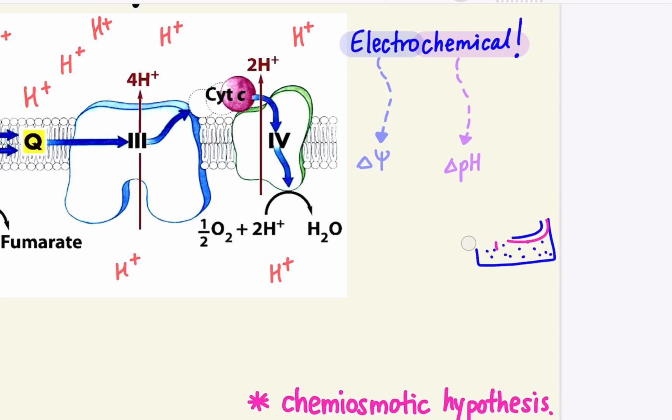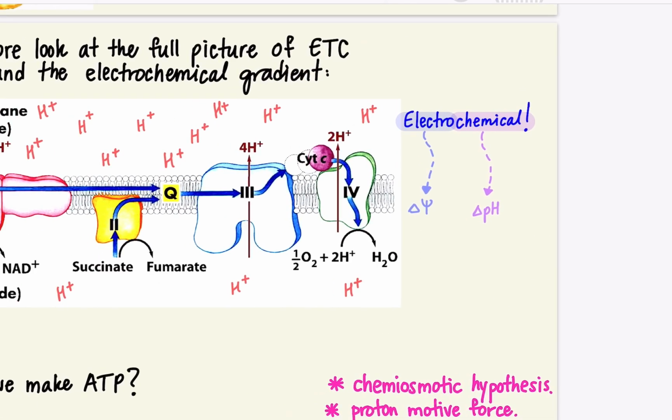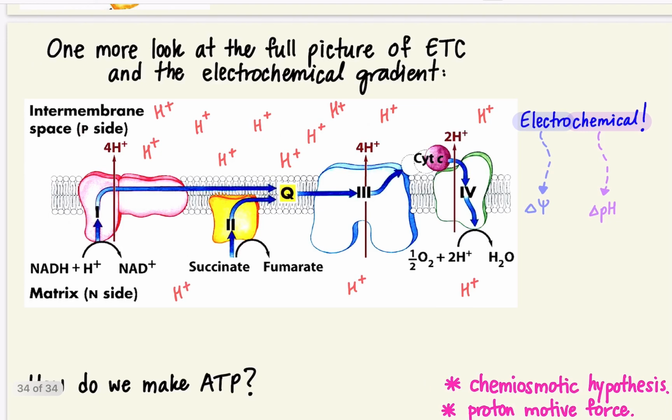But basically, in the intermembrane space, we have this storage and packing of protons, and there's not a lot in the matrix. So if there is some kind of opening somewhere, you know that all of these protons are going to want to rush inside the matrix.